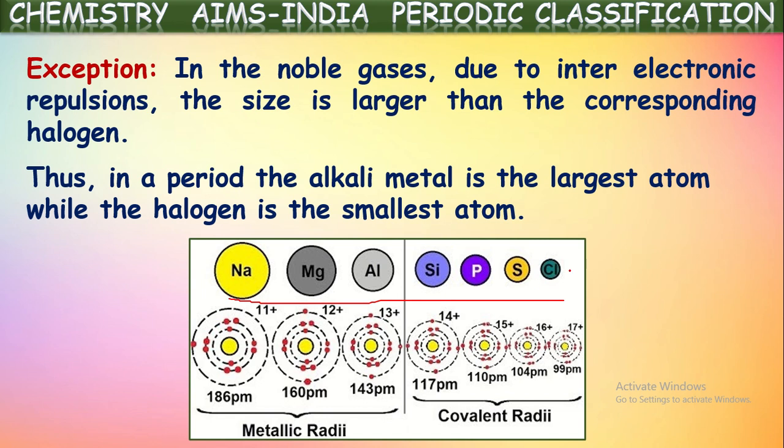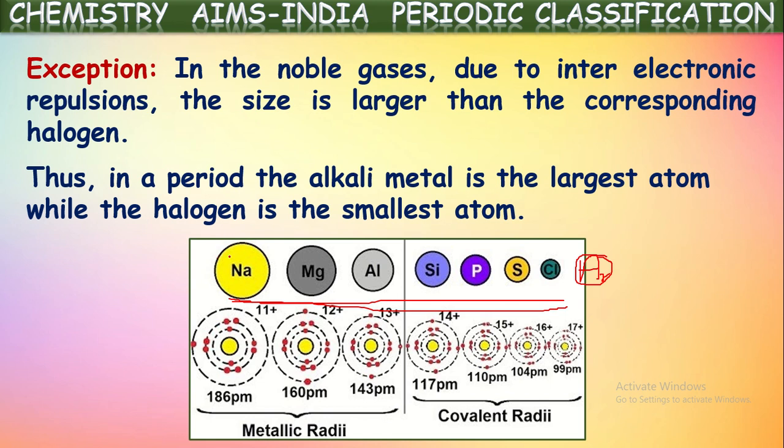But after coming to the last element in this period, that is a noble gas, as these noble gases have a completely filled outermost shell, there exist greater repulsions between the electrons in that shell. So the size increases a little. If you see the third period itself, from sodium to chlorine size gradually decreases, and by coming to the next element, that is argon, there will be a little increase in the size.